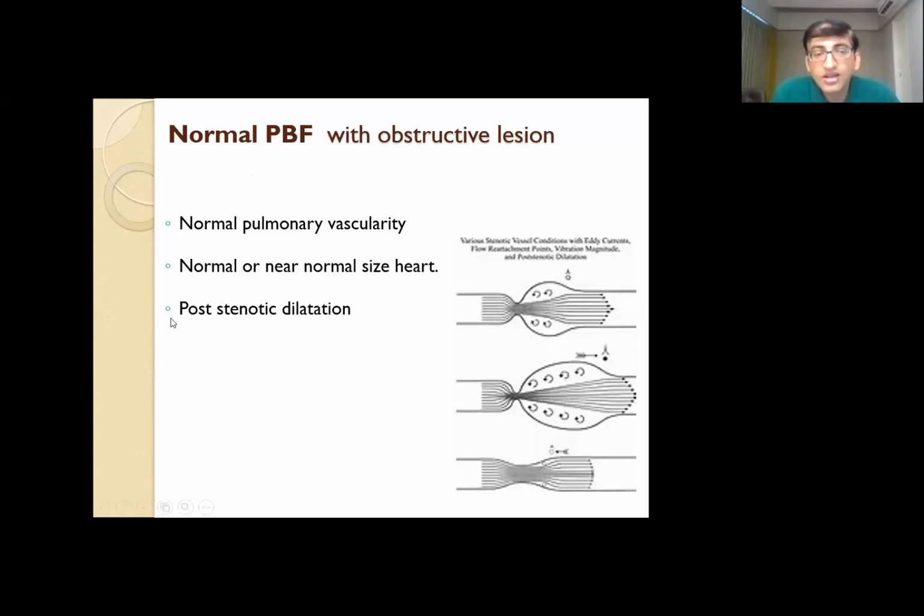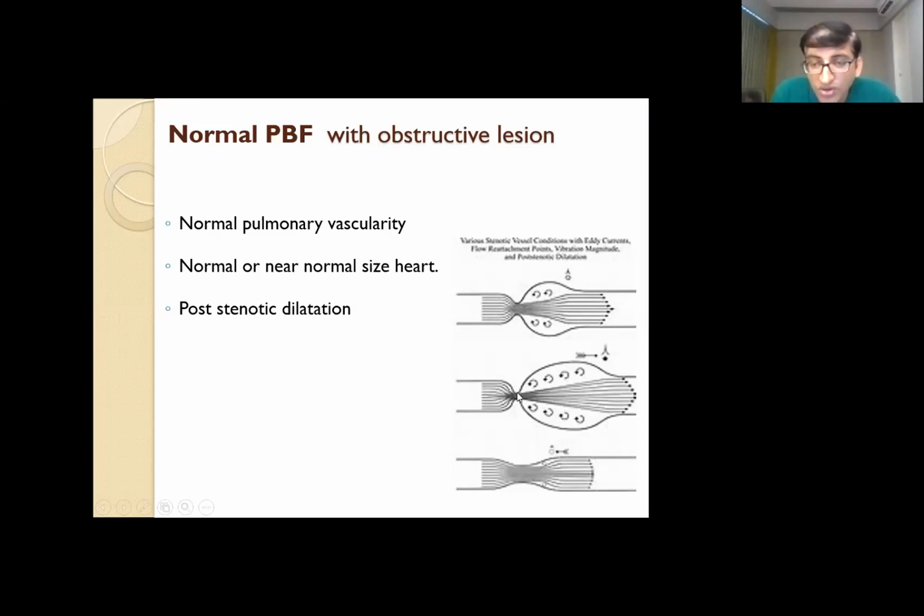But the post-stenotic dilatation theory means that when you have a stenosis, immediately distal to the stenosis there will be dilatation of the vessel because of the vascular circulating forces.